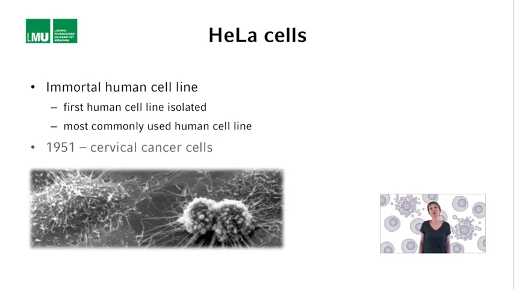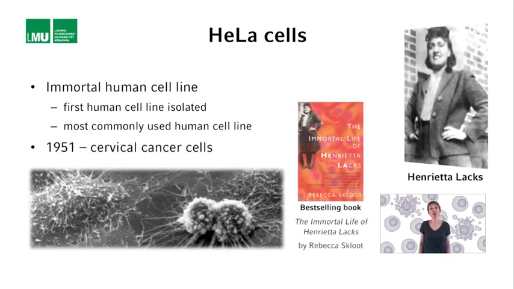It was derived in 1951 from a cervical cancer removed from a patient with the name of Henrietta Lacks, who died of cancer that same year. HeLa cells have been an important tool for numerous biochemical and cell biological studies, not only in cancer research, but also in the life sciences.